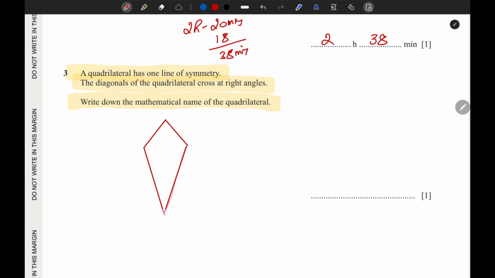As you can see, it has just one line of symmetry. This is the line of symmetry, and if you take these two, they are the diagonals. They cross each other at 90-degree angles. So the name of the quadrilateral is kite.